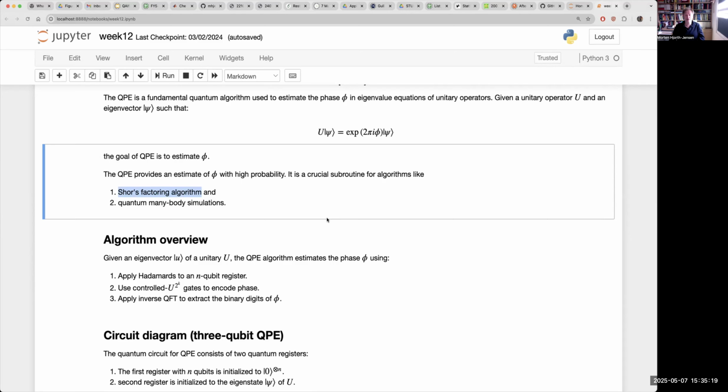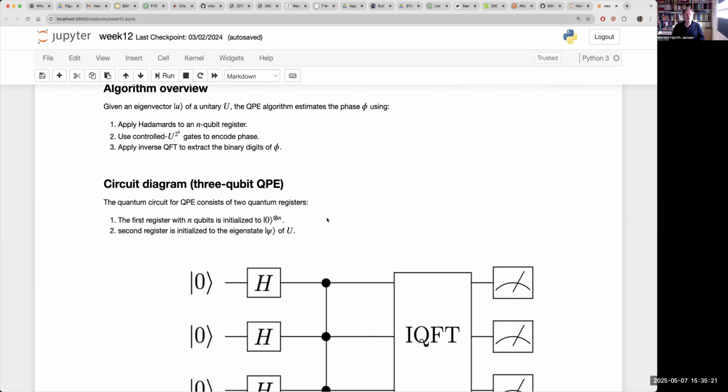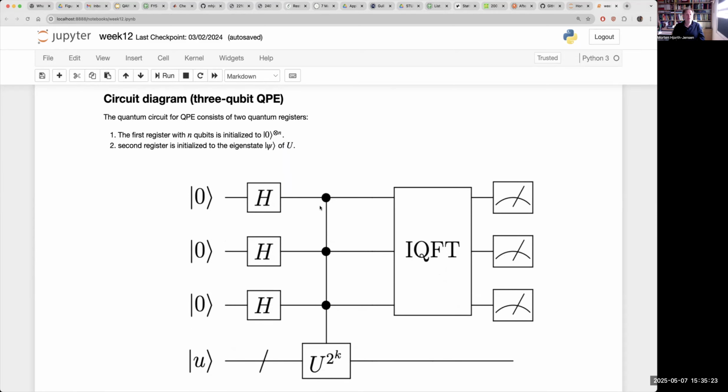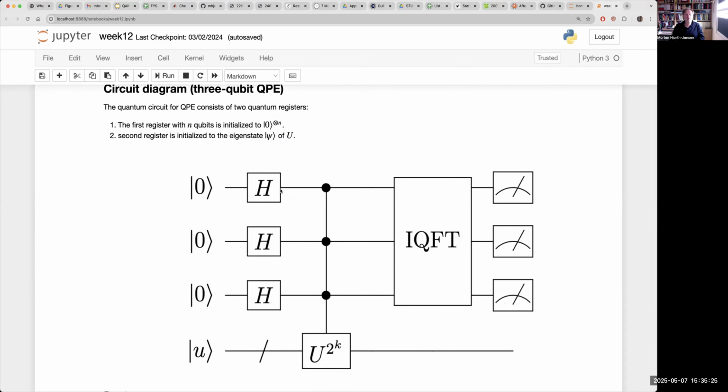So we are going to define a little bit here. So the setup is going to contain a set of registers, which is this uppercase here. And then the second register is initialized to the eigenstate of this unitary transformation. So this could be qubits, which are then operated with a Hadamard operation.